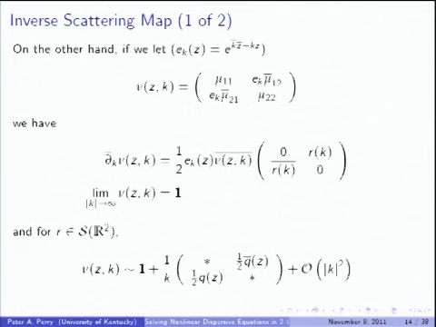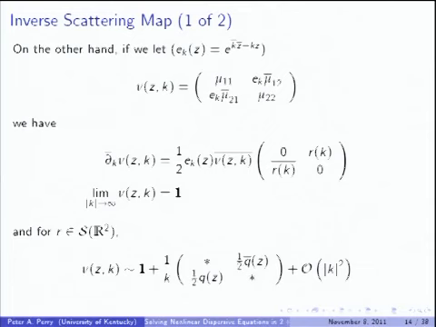On the other hand, there's also an inverse scattering map. If one now takes the solution of that equation and makes a change of variables, which is not too serious, then it turns out that up to this change of variables, the same function also satisfies a d bar problem in the k variable. And the d bar data are exactly the reflection coefficient, again with a similar asymptotic condition.